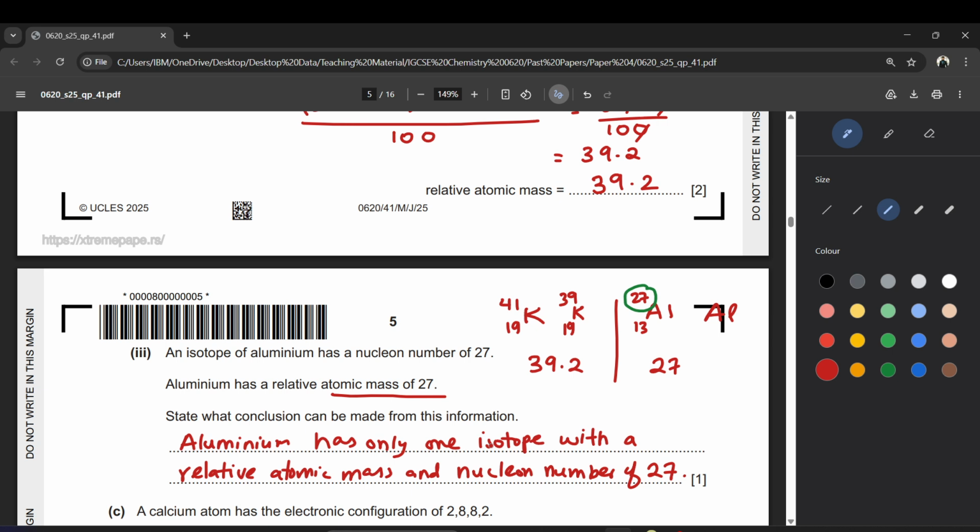So basically, we're saying that it has only one isotope that has the relative atomic mass as 27, and it also has nucleon number of 27.